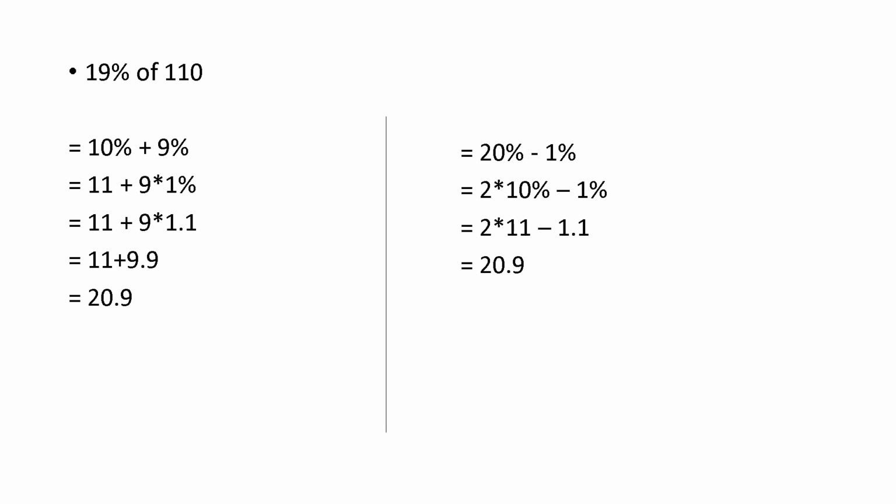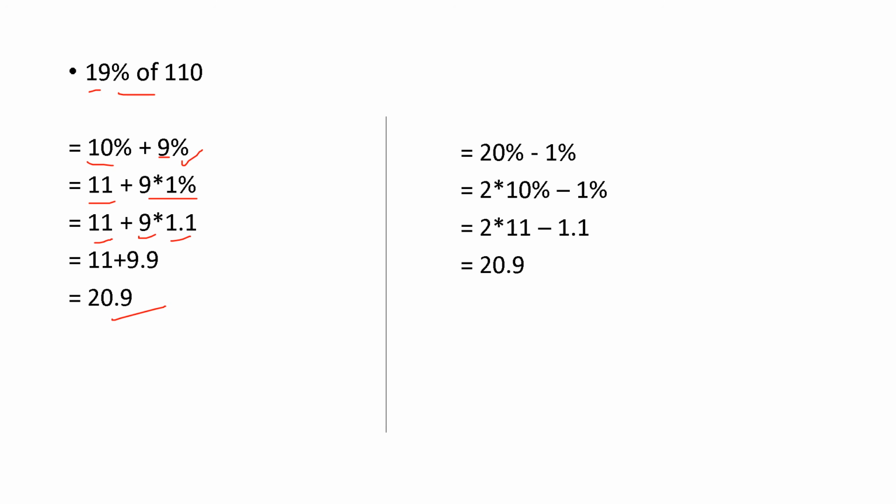One more example, 19 percentage of 110. 19 means 10 plus 9. 10 percentage of 110 is 11 and 9 percentage means 9 into 1 percentage. 1 percentage of 110 is 1.1 into 9 plus 11. You will get 20.9.